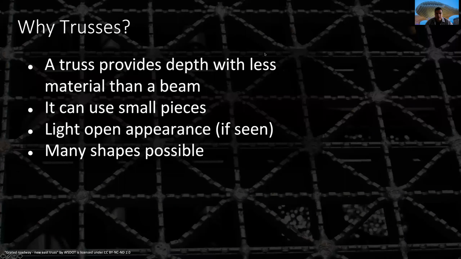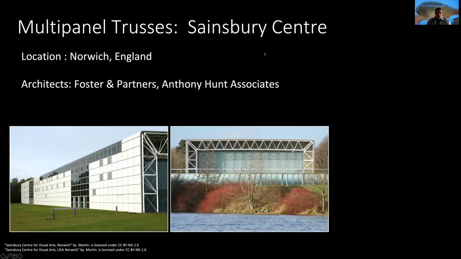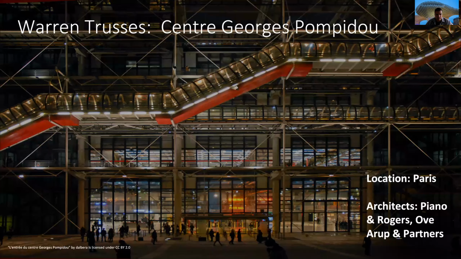Let me clear everything. Well, we can have multi-panel trusses, for example, like the Sainsbury Centre in Norwich in England, designed by Foster and Partners, where we have elements that form all these triangles and create a three-dimensional element that is able to support not only the span, but also serve as the columns of the building.